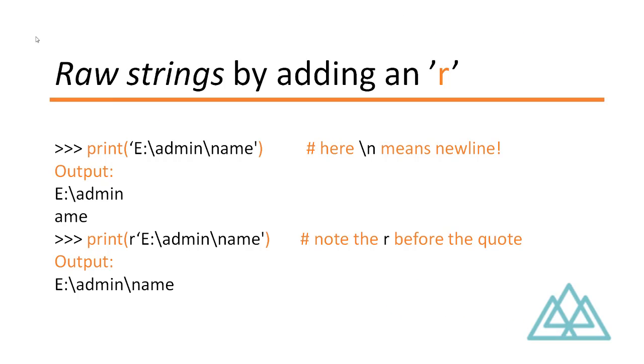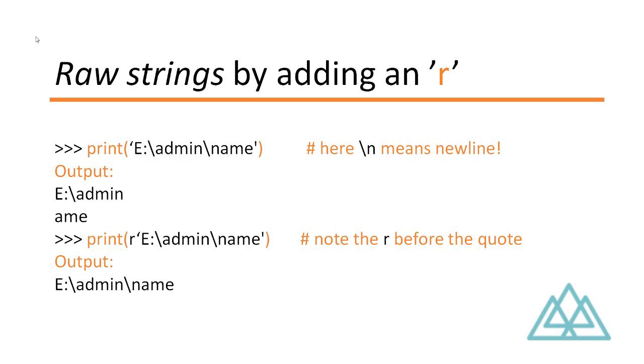Similarly, there is another concept in a string called a raw string, made by adding a lowercase r. The Python interpreter by default executes your code according to the protocol or semantics given by the language. If you don't include anything in a print statement, by default a newline is added and the cursor automatically goes to the next line.